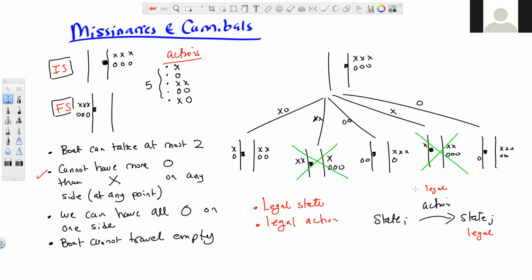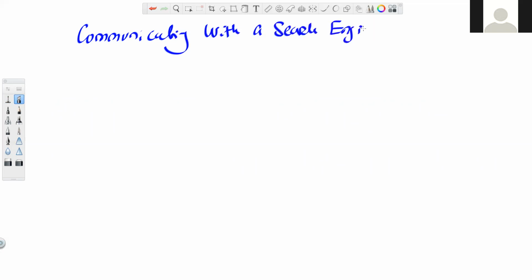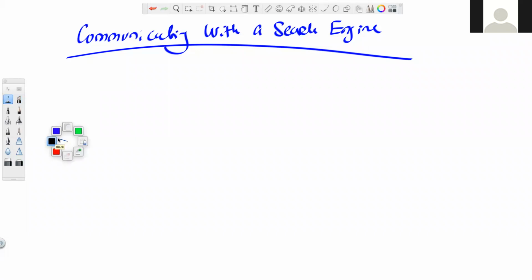The key notion is, and let me erase this, and here I'm going to put down: communicating with a search engine. Now, you need to give the search engine the problem definition, right? And the problem definition, as we said, is first you have to give it an initial state. That's pretty simple.